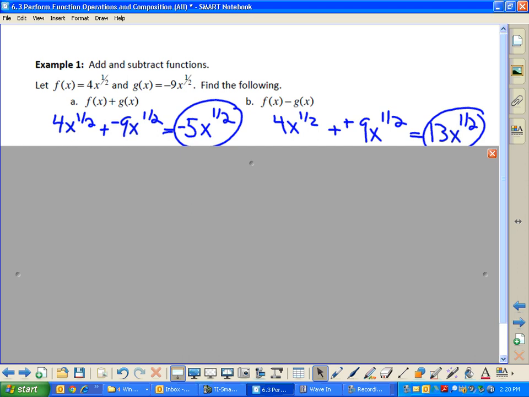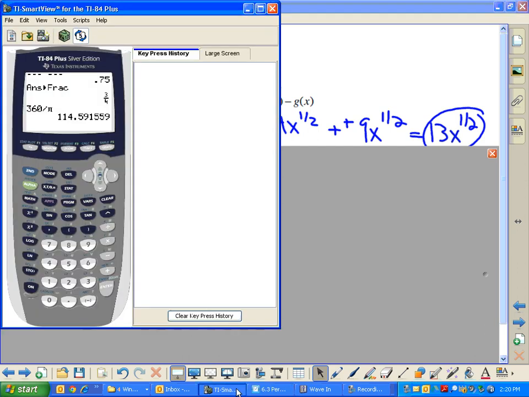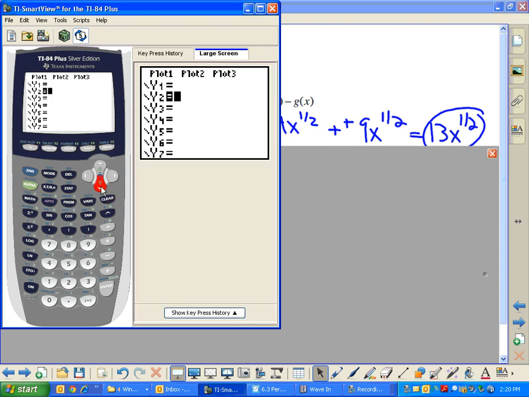So if we want to find the domain of that function in part A, because it does say our domain there, you could use your calculator to think about that, for sure. You go to your y equals screen in your calculator, and we would type in our function. So we have -5 times the square root of x.